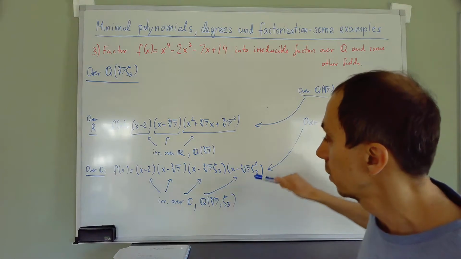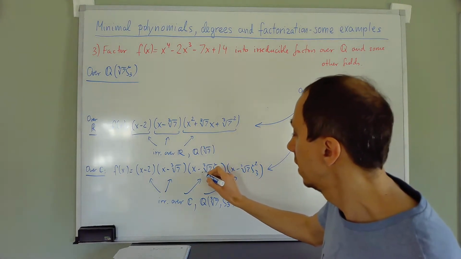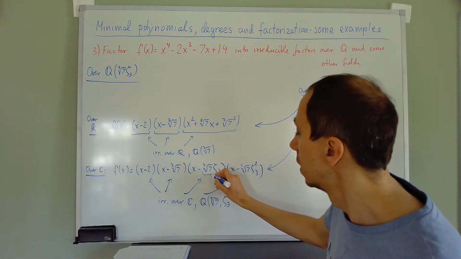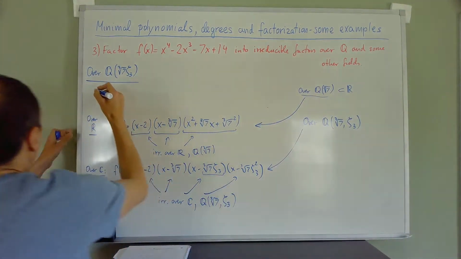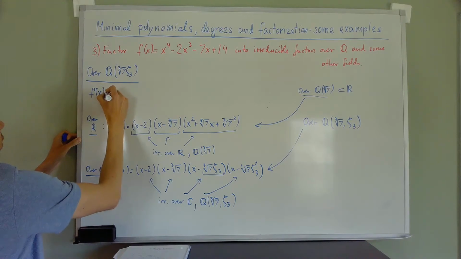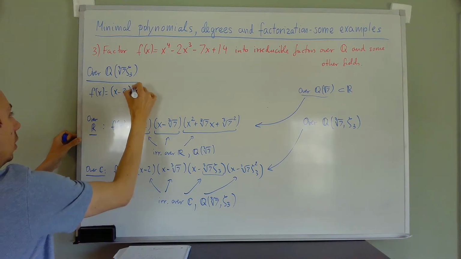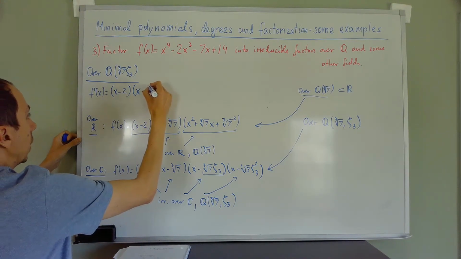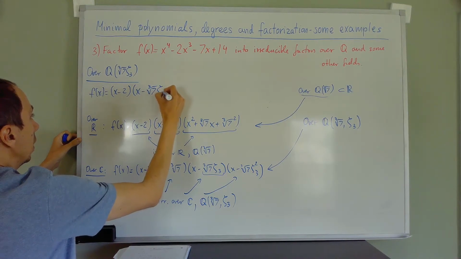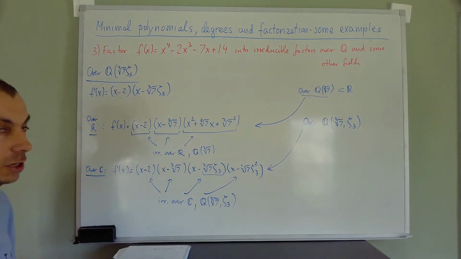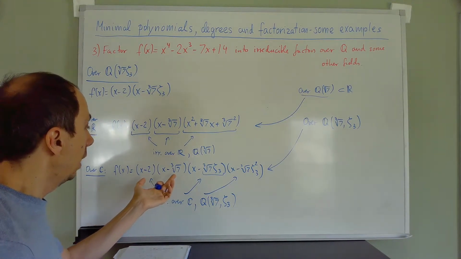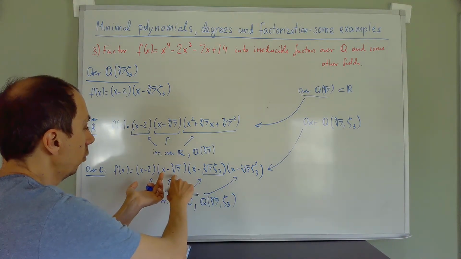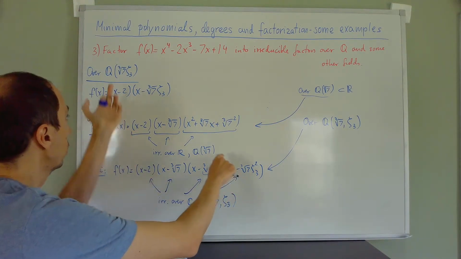So I look at this factorization and I see that this factor actually lies in that field. So I can definitely factor. I can write f of x as x minus 2, then x minus cube root of 7 zeta 3. But I'm wondering, do also the other two roots lie in that field?